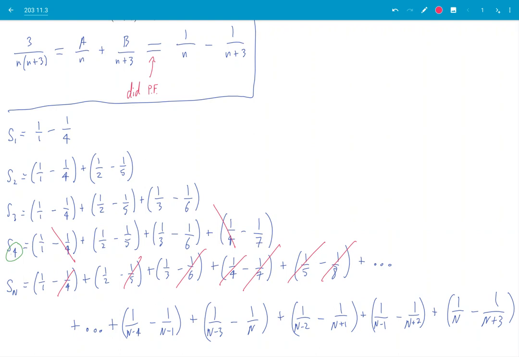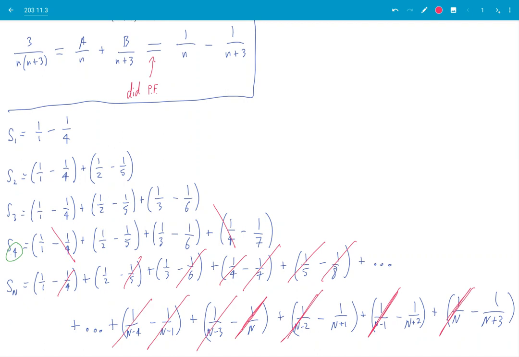Okay, at the end of my sum, what do I got? Looking carefully, I got plus 1 over n, and I got minus 1 over n. I got plus 1 over n minus 1 and minus 1 over n minus 1. And continuing this way, I make the educated and correct guess that this will disappear. This will disappear.